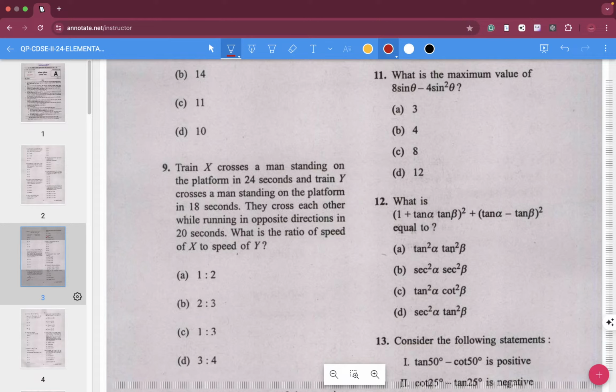What is the maximum value of 8 sine theta minus 4 sine square theta? Is that what they are saying?